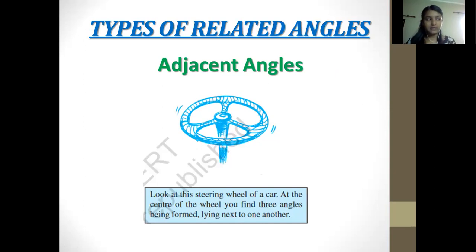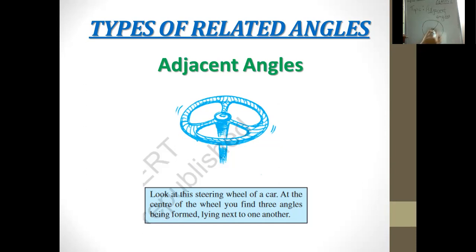So it is making three angles. If I'll be giving name to this, let me draw here for better understanding. Like it is a wheel, a circular wheel. It's quite bent from here. Let me draw the appropriate one. So this is a circle, or we can assume it is a wheel in which it is having a center point.